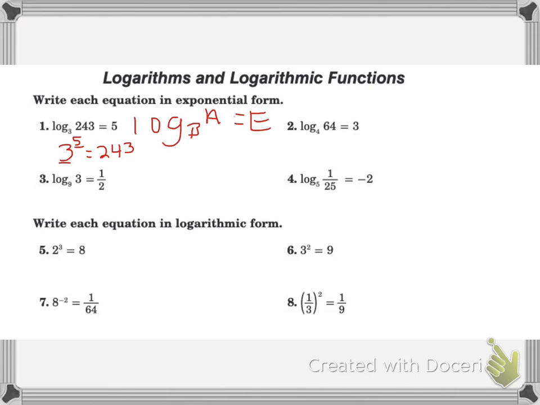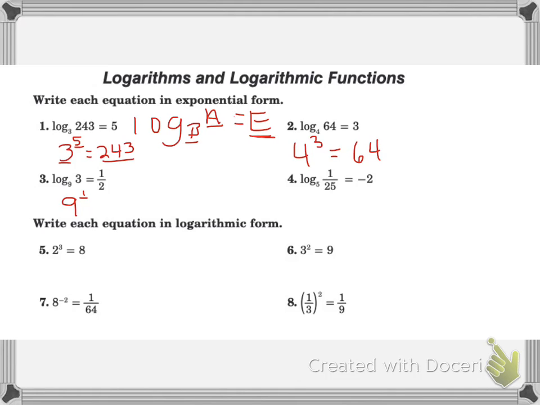Base, exponent, answer. I'm just placing the right numbers where they go, okay? Is that true? Is 3 to the 5th 243? It sure is, okay? So it should make sense to you when you rewrite it. Over here, we've got log is bae, so base is 4, exponent is 3, answer is 64. Over here, we've got base is 9.